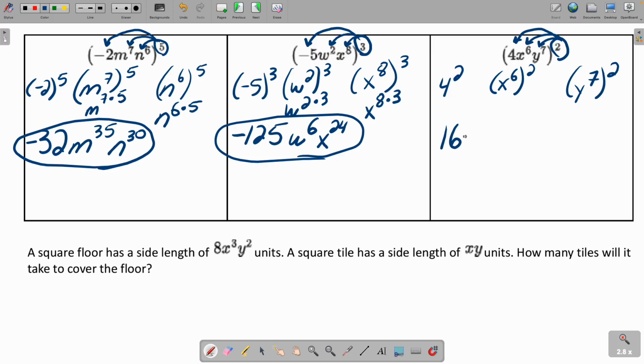X to the 6th being squared, we multiply those exponents, so 6 times 2. That'll get us x to the 12th. Then for our y, we're taking 7 times 2, because it's a power to a power, which will get us 14. So this will be y to the 14th.